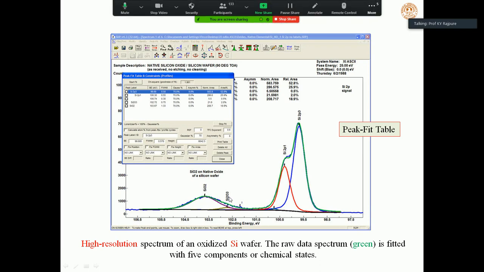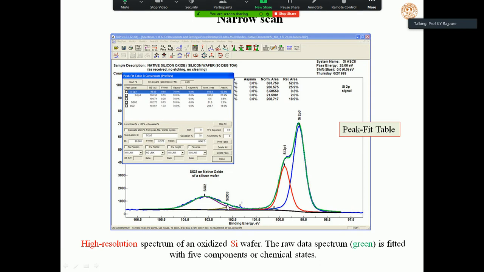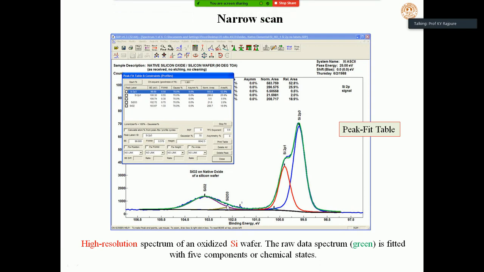If it is in another oxide matrix, Si2O3, the peak will be here. So this is a beautiful technique. If you have elemental silicon, silicon in silicon oxide, or silicon in silicon nitride, for example, the peak position changes. So this itself tells you the chemical environment.